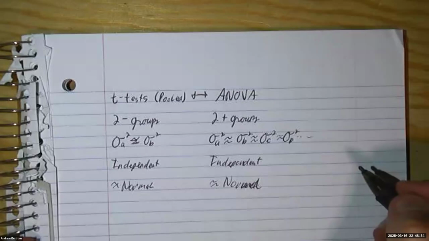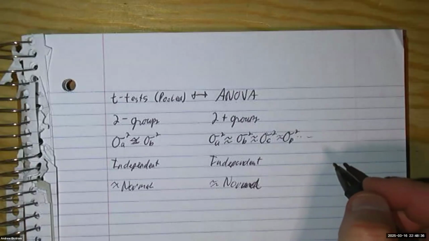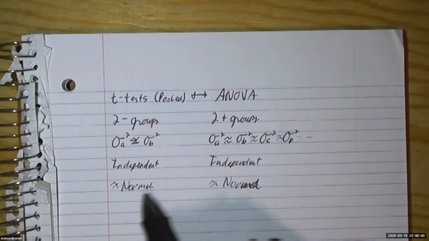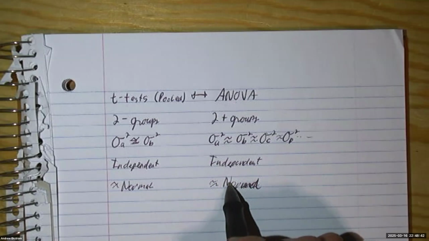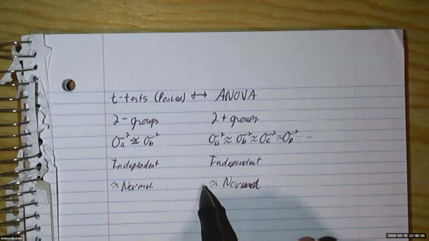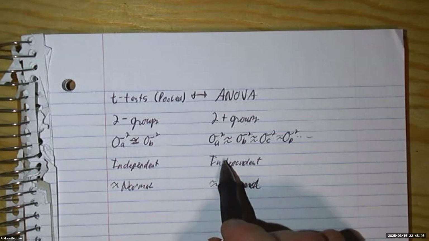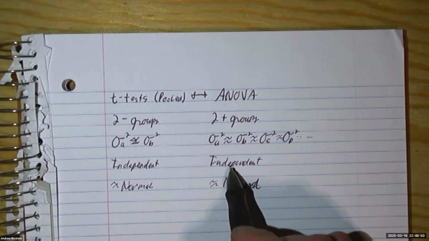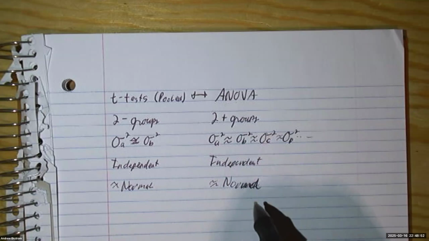Be nice if I could actually spell, right? And equal variances, independence of samples. The samples are approximately normal. How we handle t-test versus ANOVA in, say, SPSS, we can actually take a look at that.